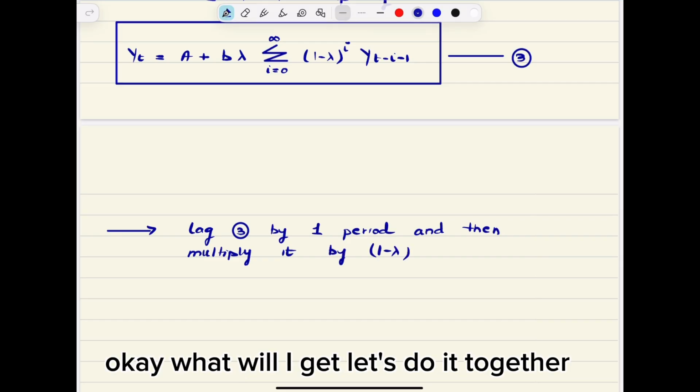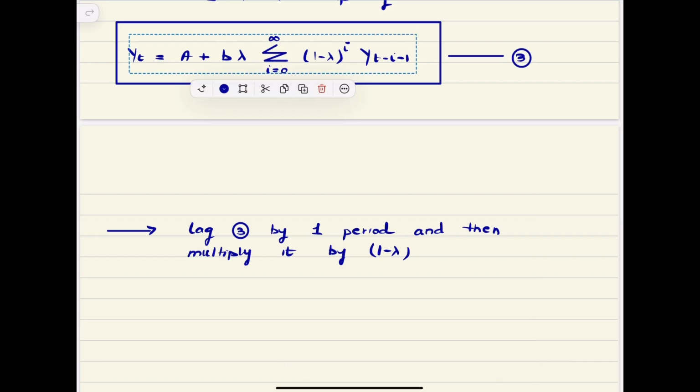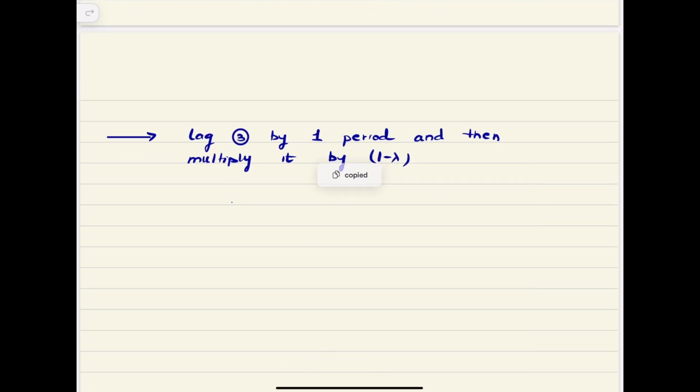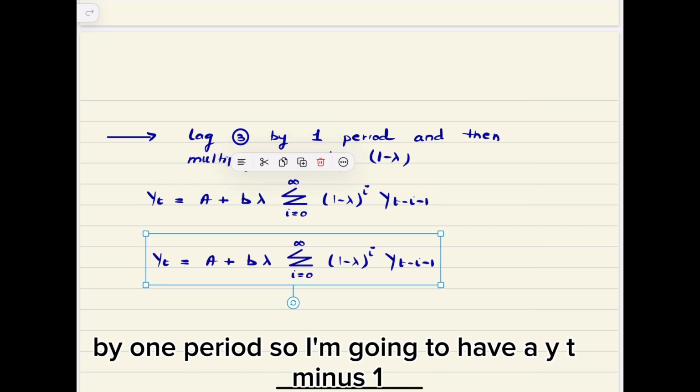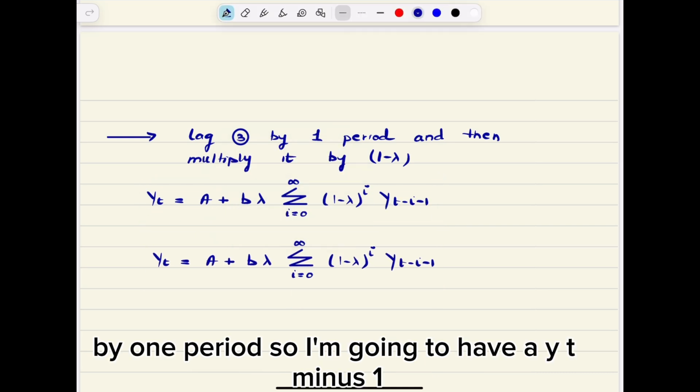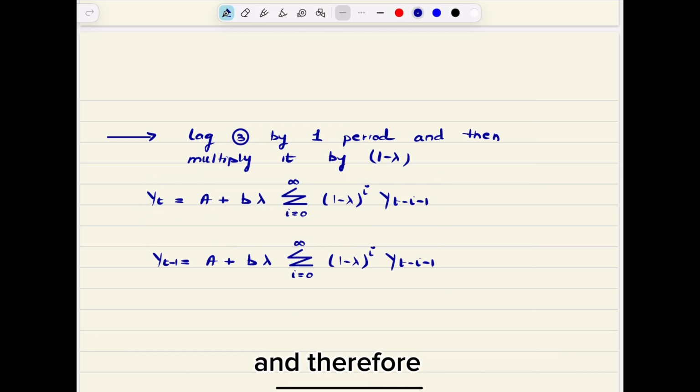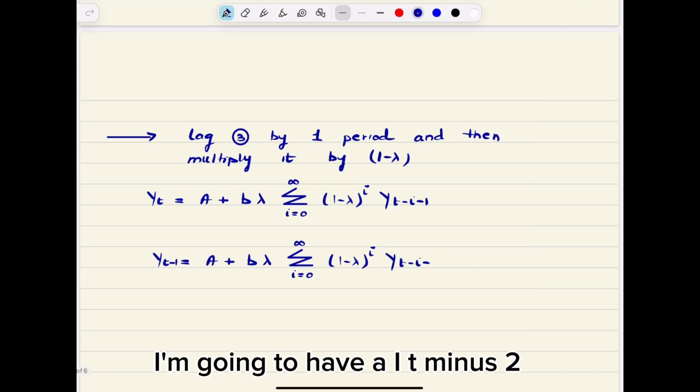What will I get? Let's do it together. First I'm going to lag this by 1 period, so I'm going to have a y_{t-1}, and therefore I'm going to have y_{t-i-2}.